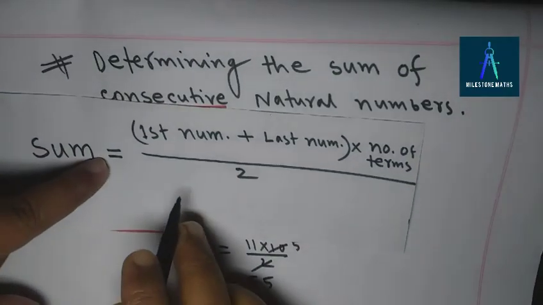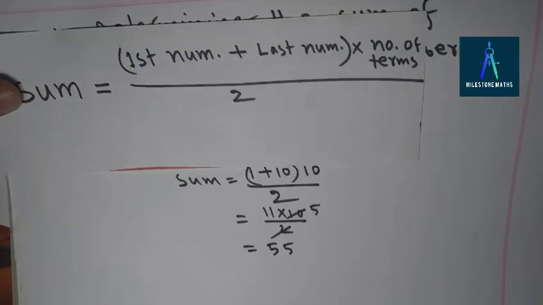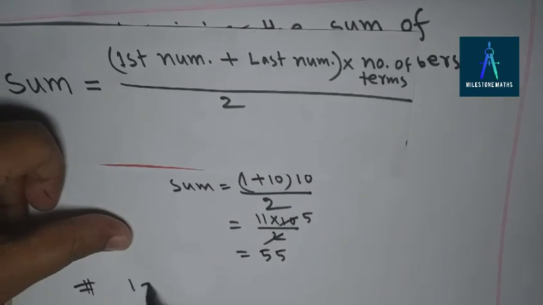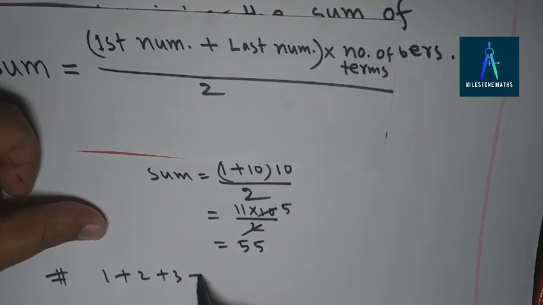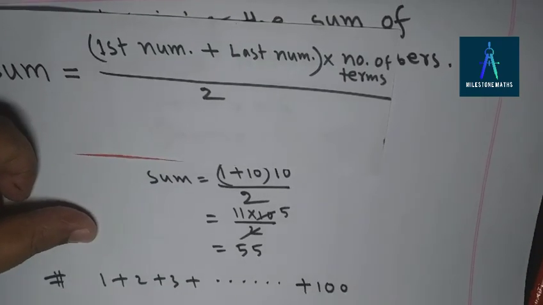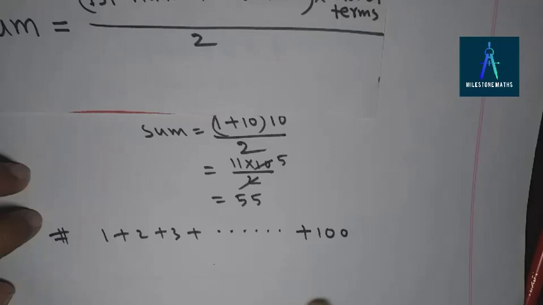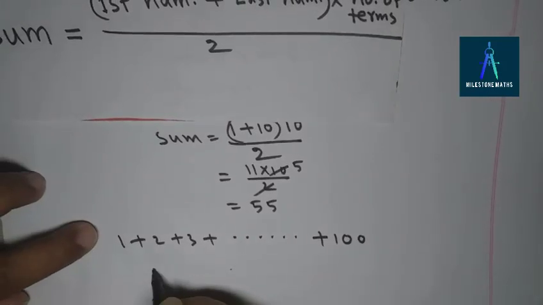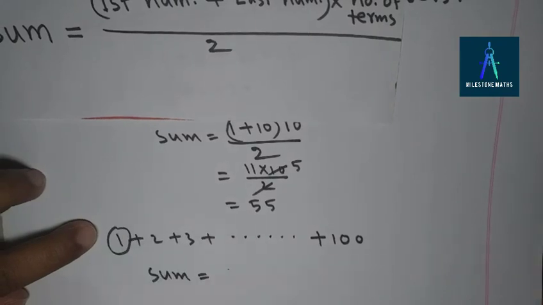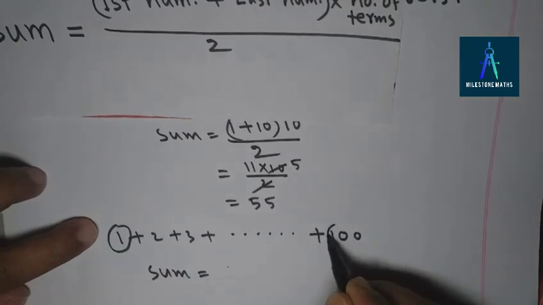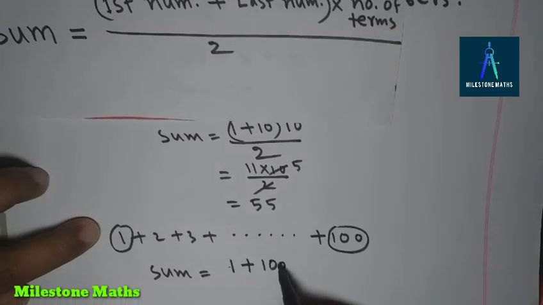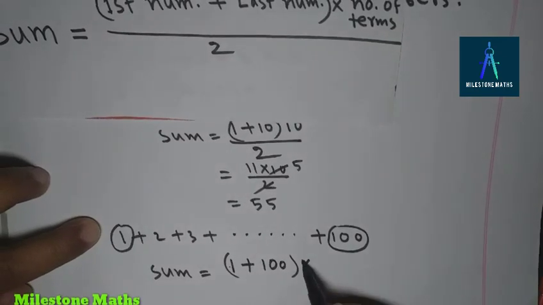By using this formula, we can do much bigger series, like if we give 1 plus 2 plus 3 plus up to 100. So by using this formula, sum equals first term is 1 here and last term is 100. So first term plus last term, multiply number of terms.